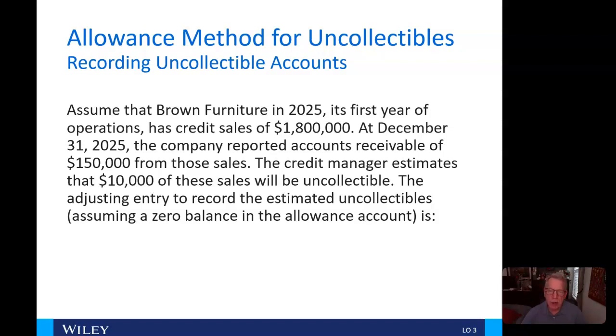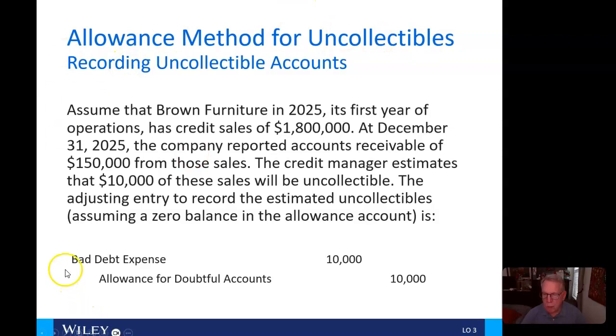The adjusting entry to record the estimated uncollectibles, assuming a zero balance in the allowance account, is going to be a debit to bad debts expense and a credit to the allowance. You will notice that bad debt expense is going to hit the income statement right there. And we will set up this allowance as a contra asset account on the balance sheet.